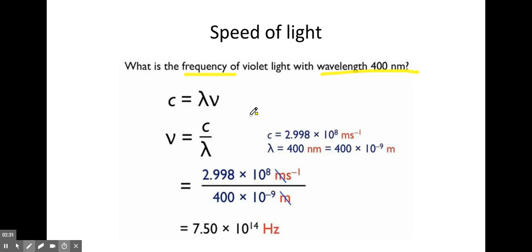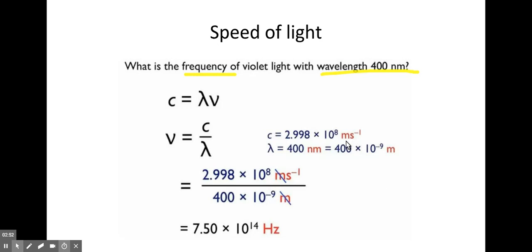So we're going to algebraically solve this equation for frequency, and that is the speed of light divided by the wavelength. The speed of light is given to you on the equations and constants page, and the given value for wavelength is 400 nanometers.